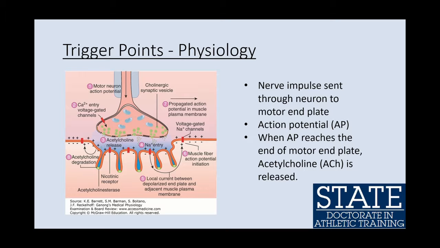When the motor neuron sends the nerve impulse down through the end plate, it passes through the end plate to the fiber, and this is what we call an action potential. When an action potential reaches the end of the plate, acetylcholine is released.